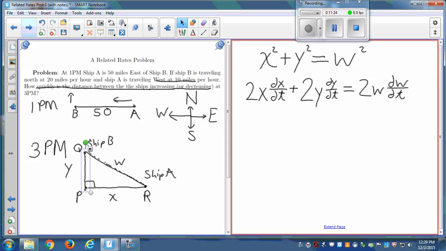Now notice we know the values of dx/dt and dy/dt. dx/dt, remember, was -10. And dy/dt was 20.